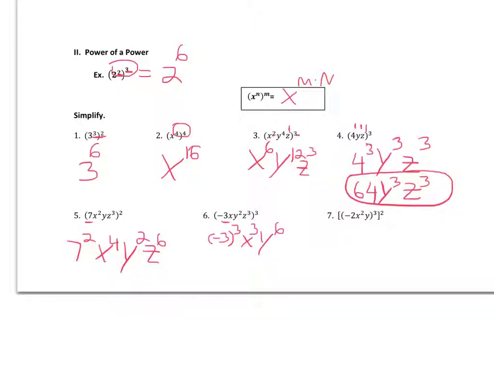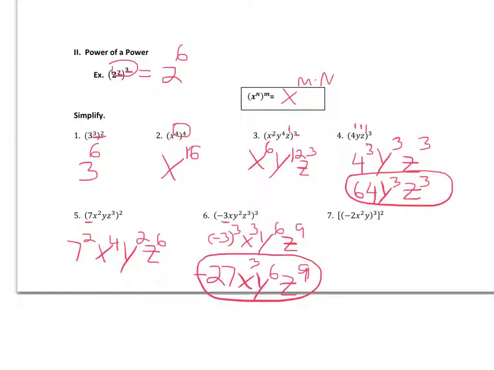Then we have the z cubed. So z cubed, 3 times this 3 is 9, so that gives me z to the 9th. And then if I just evaluate this, the negative 3 to the 3rd, that gives me negative 27. So negative 27, x cubed, y to the 6th, z to the 9th. And that's our answer.